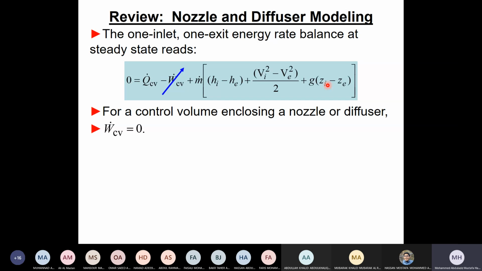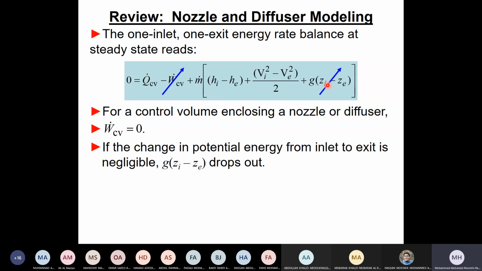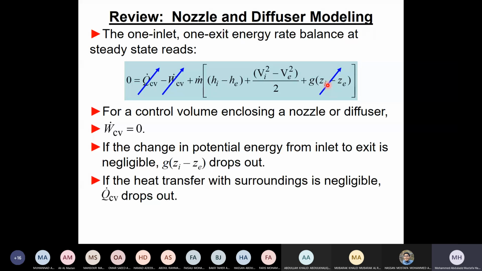So the work is 0. Also, the potential energy can be neglected, and normally Q is neglected, and therefore it remains this. So for the diffuser and nozzle, here's the equation: sigma H inlet minus H exit will be equal to V exit squared minus V inlet squared over 2.